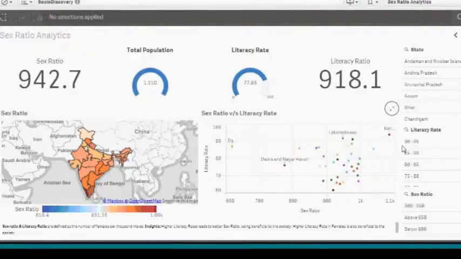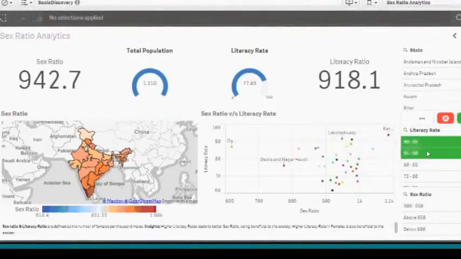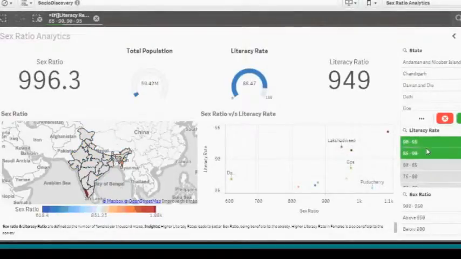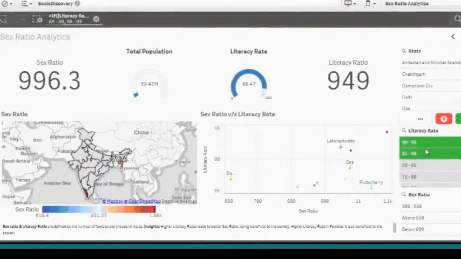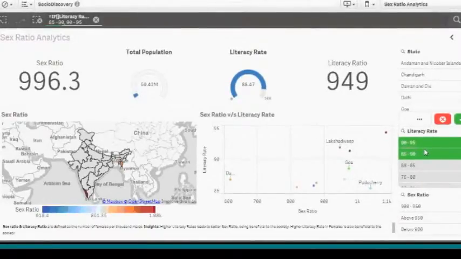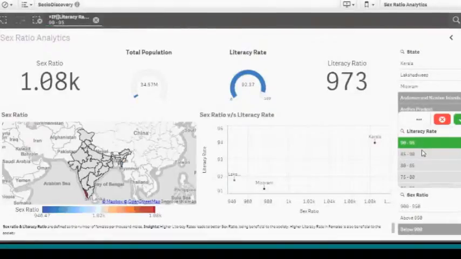Let us do some playing around with the data. I'll select the top 2 bands of the literacy, and I can see a direct jump on the sex ratio. If I select one, it's more than 1,000.